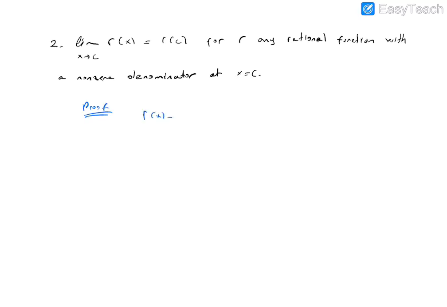So r of x equals numerator of x over denominator of x. So the limit as x approaches c of r of x equals, since n and d are both polynomials, the limit when x goes to c of n of x over the limit of the denominator when x approaches c.